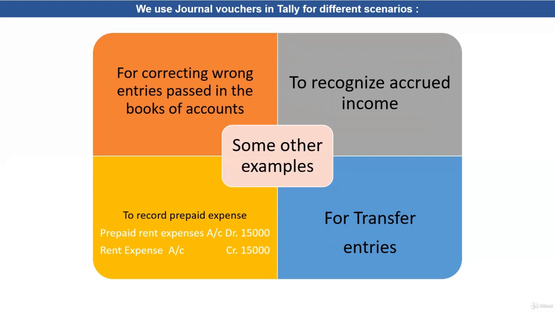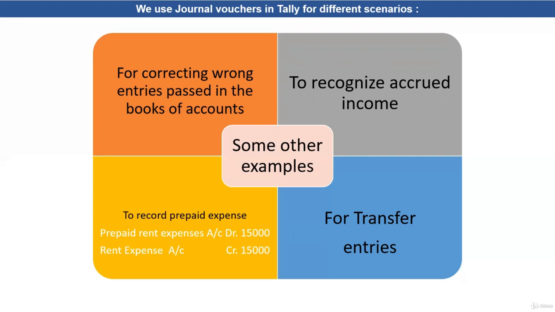To record prepaid expenses, the entry becomes prepaid rent expense account debit, which goes under current assets, and the rent expense gets credited. And any kind of transfer entry can also be posted through an adjustment entry in the journal voucher.